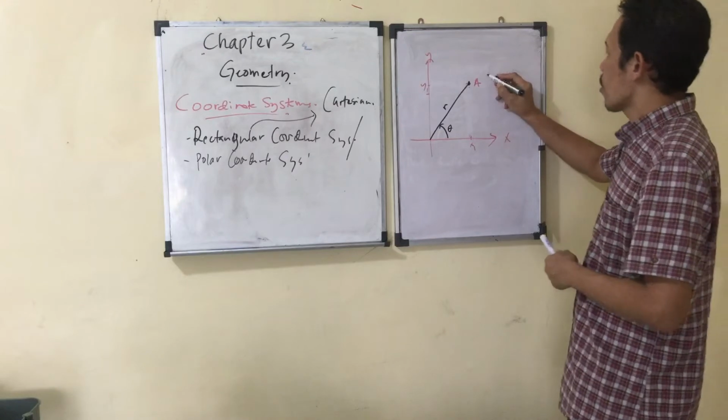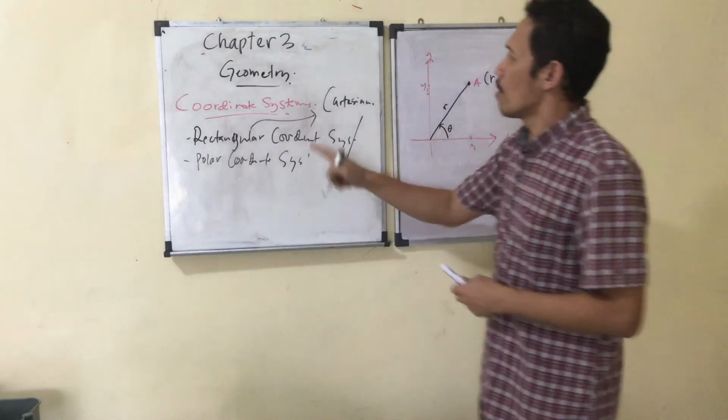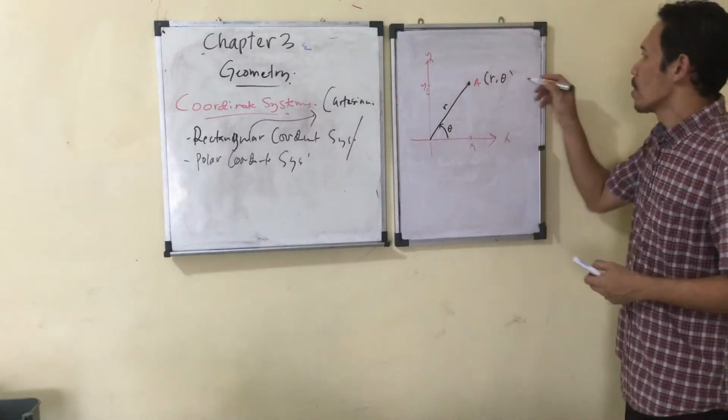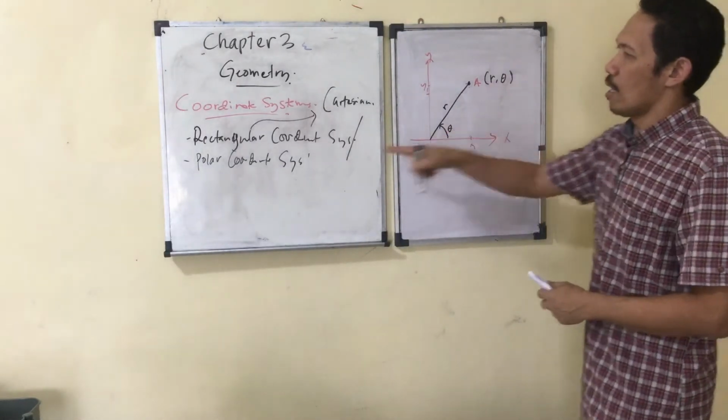So A here can also be defined as (r, theta). This definition of point A is called the polar coordinate system.